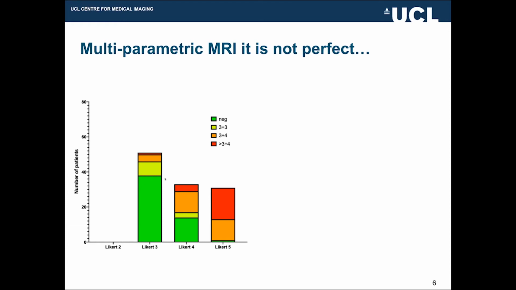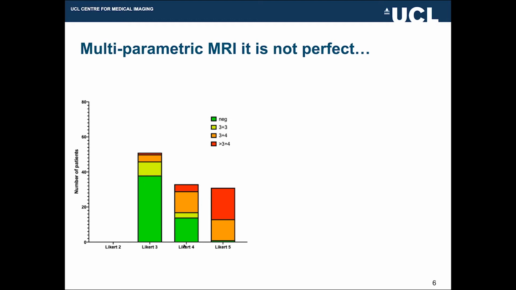But here is the challenge. If you look at radiology scores of 3 and 4, what you're trying to do is pick up the orange and the red and differentiate them from the green, the insignificant tumours and the benign. So the real question is, how do you make a decision about men who have scored a 3 or even a 4 out of 5 for presence of tumour, in terms of whether they get biopsies or not?